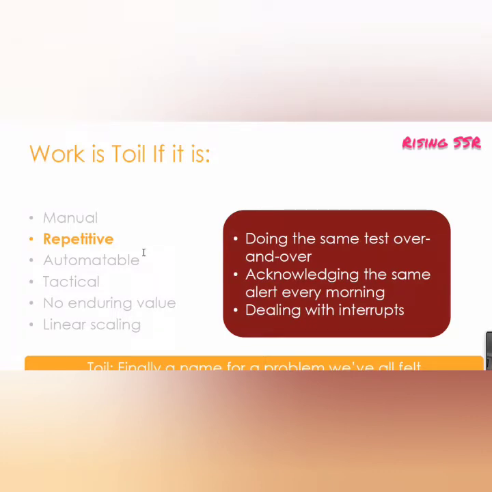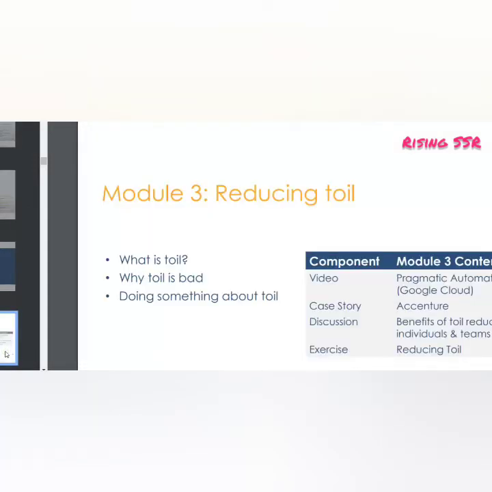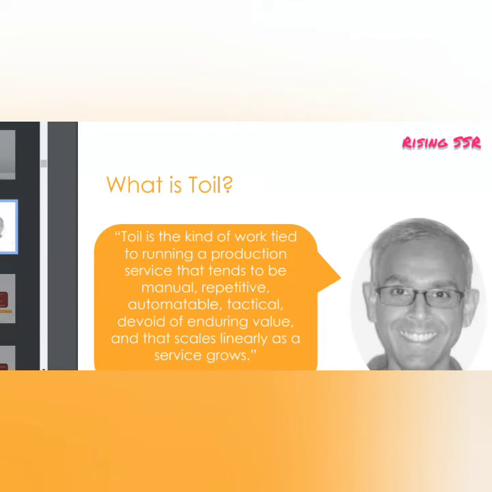Simple example. Let us say that you have a monthly release, right? So release one is today, 3rd of March. Release 2 is 3rd of April, something like that.